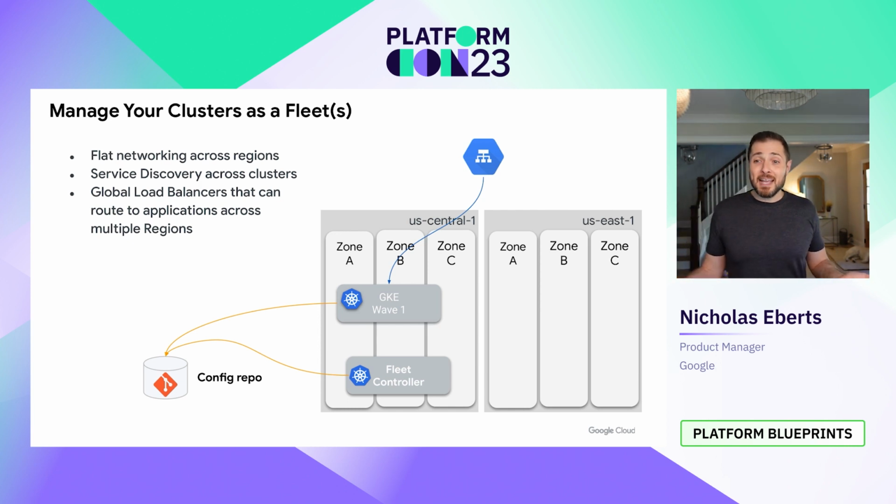The next concern is service discovery. How, within Kubernetes in cluster one, is pod A going to become aware of another pod that might not be on that same cluster? There are several projects out there, like multi-cluster services, which is open source in Kubernetes.